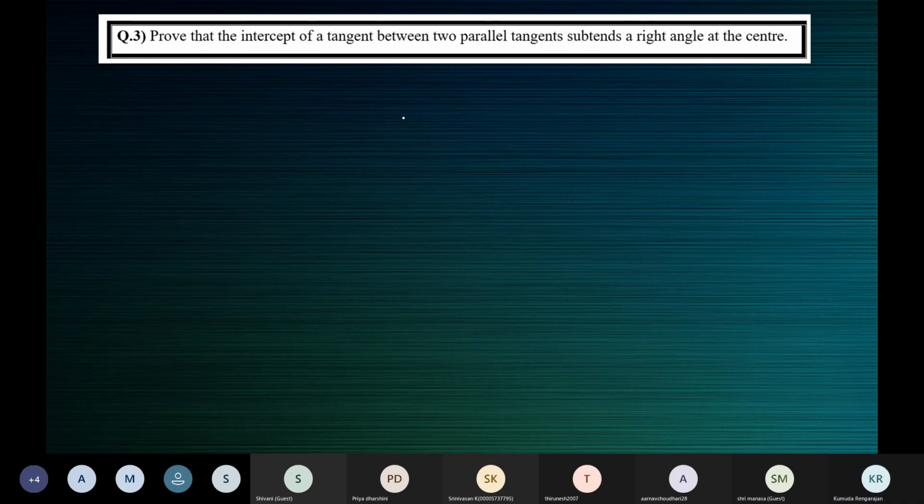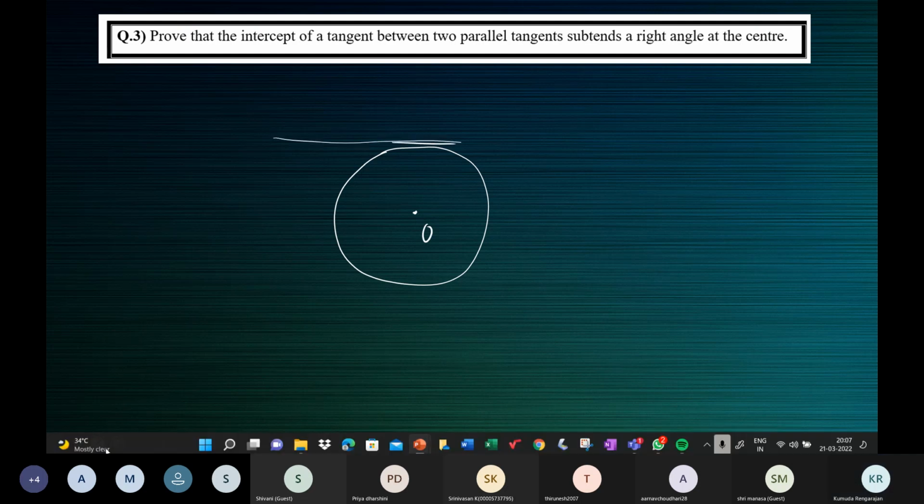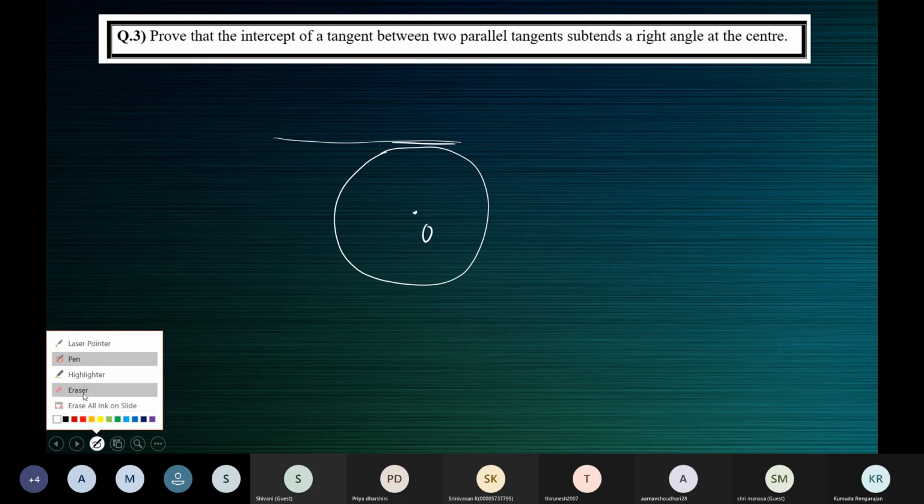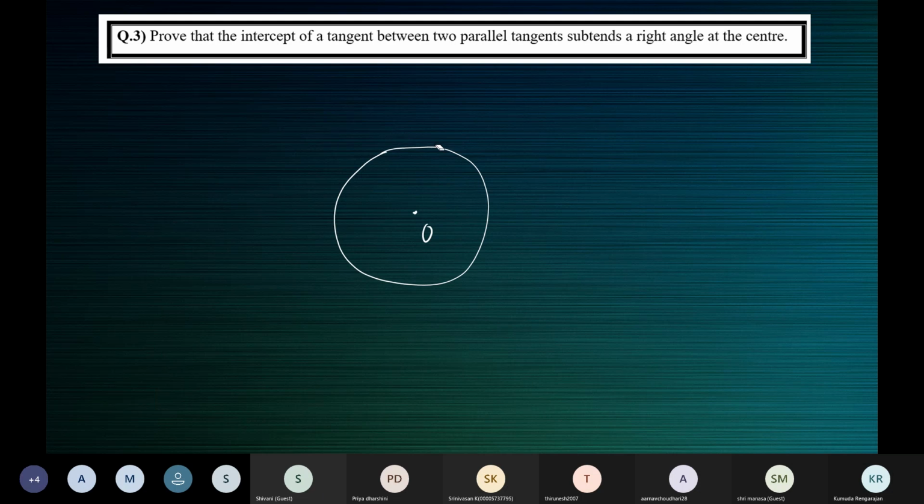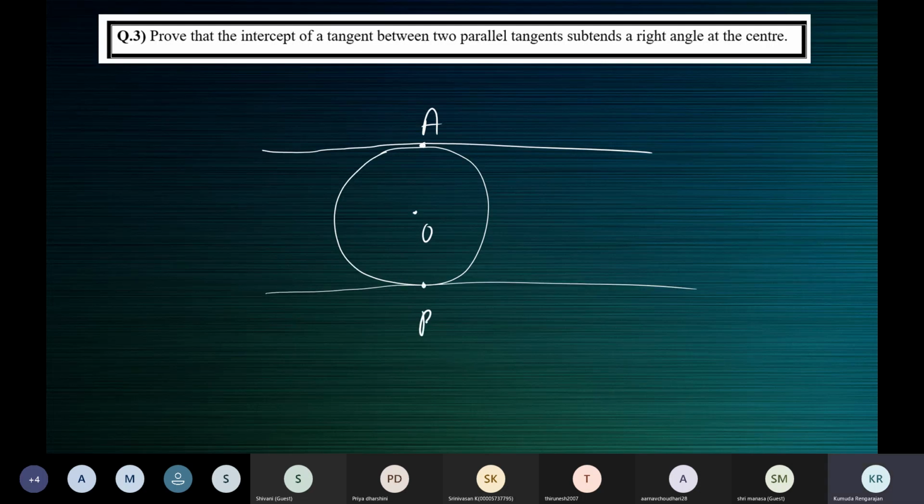I'll tell you again. Circle, center O, tangent at A, tangent at B. These two tangents are parallel to each other.